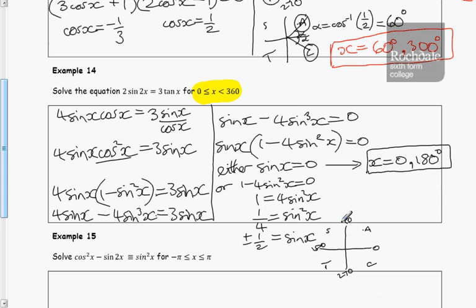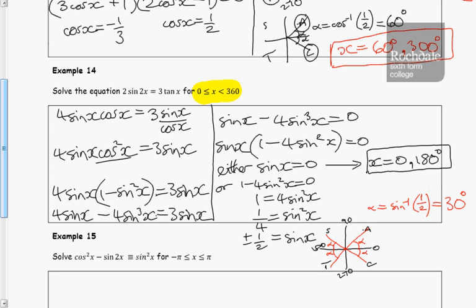Therefore, we're going to find solutions in every quadrant, because it could be positive, so that includes A and S, or it could be negative, so that includes T and C. So each angle here that I've drawn on to the horizontal, they're all the same size, and I've called it alpha, and the size of alpha is given by inverse sine of a half, which you should know is 30 degrees. Our calculator will remind you. Inverse sine of a half is 30 degrees.